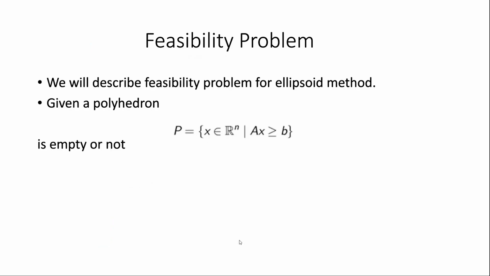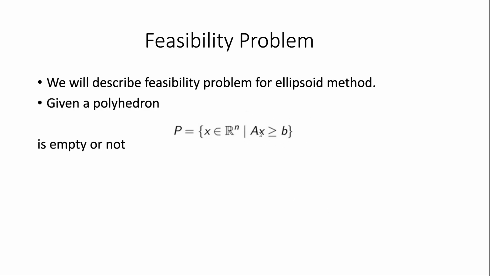Okay, let's move forward. Now, this is the very important stuff. This is the feasibility problem. The feasibility problem is, given a polyhedron that is being created using the constraints that are given to us, to find whether there exists a feasible solution that resides inside the polyhedron, or there exists a solution to the constraints that are given to us.